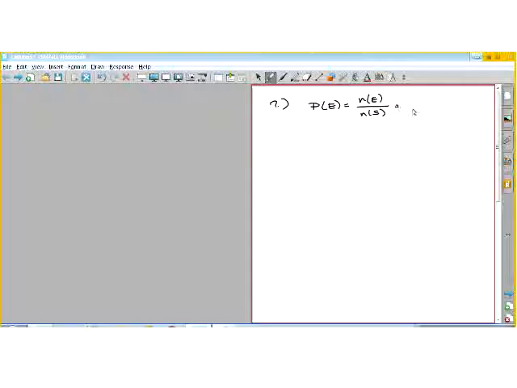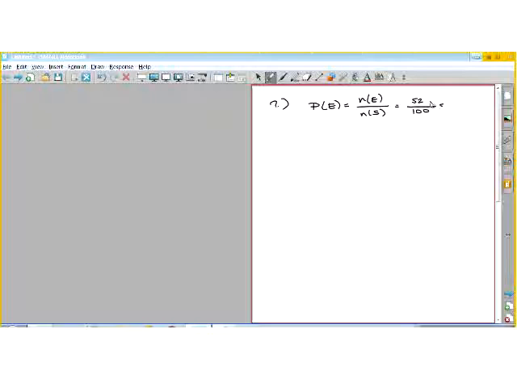Our sample space is 100, at least if we start with just selecting one. So the denominator is 100, and the number of females is 52.